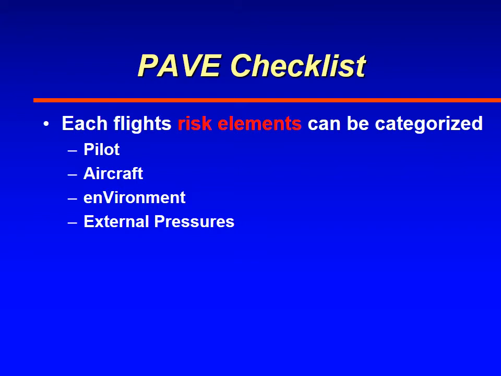Of course, pilots have risks if they're tired or if they're not trained properly. Aircraft, if aircraft are broken or they're not up to the task. The environment, and actually this is where weather comes in. The weather can be categorized in the environment. And of course, there is more risky weather and less risky weather.